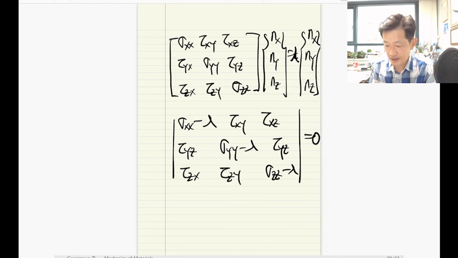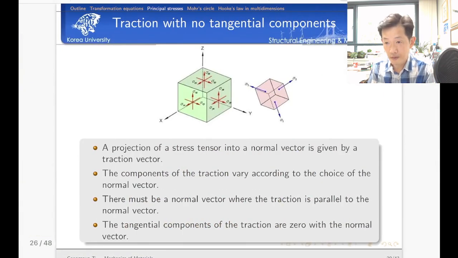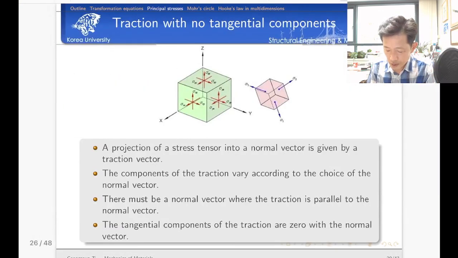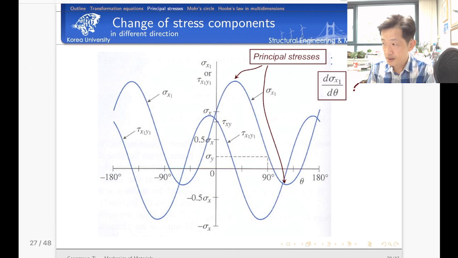Is it clear? Okay. I hope this information is useful for you to understand the concept of principal stresses. Also, we can obtain the principal stresses mathematically using the stress transformation formula. The principal stress values are nothing but the maximum and minimum values of the normal stresses, so we can obtain them by maximizing or minimizing the normal stress.